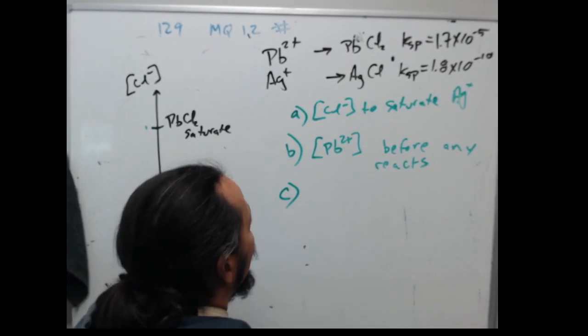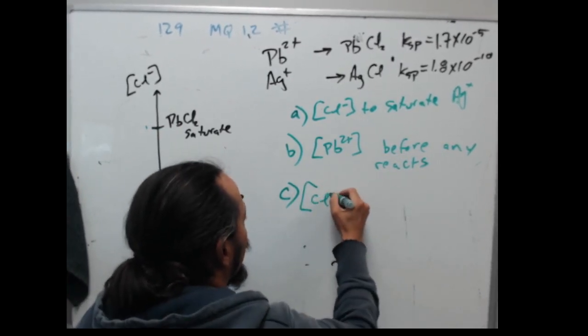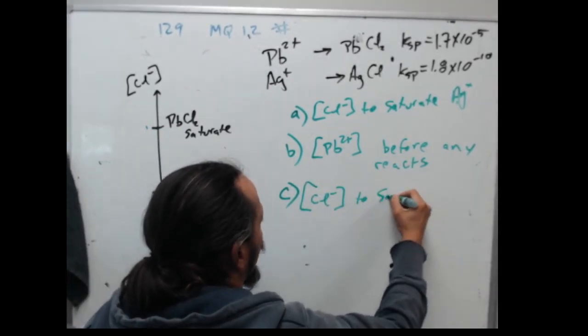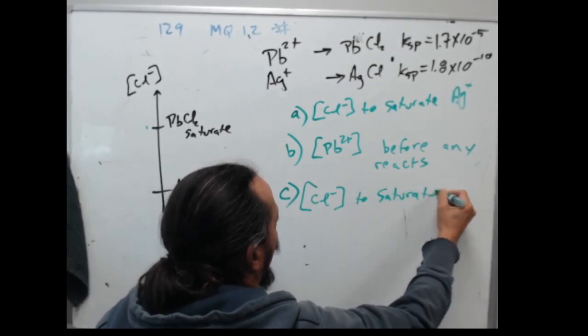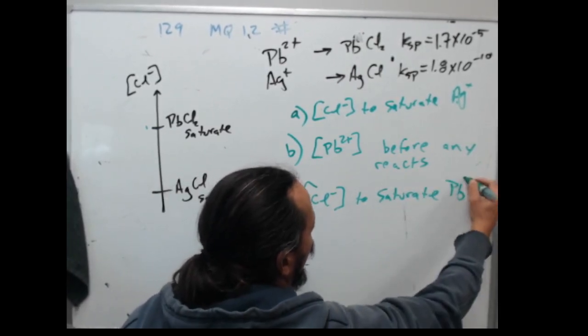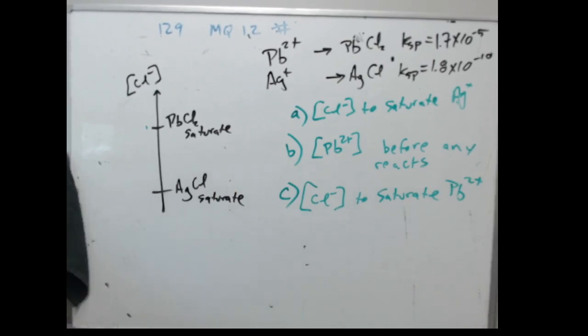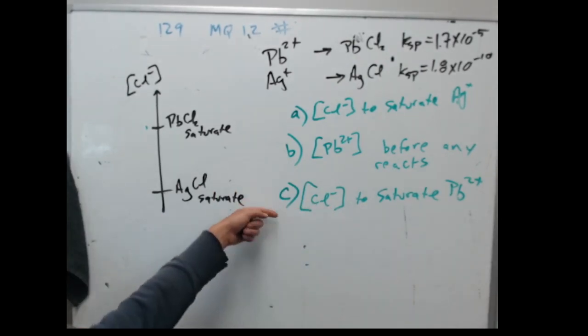Part C is asking for Cl minus to saturate Pb2 plus. Okay, so that's asking for the concentration to saturate the lead 2 plus, which is just an equilibrium table.